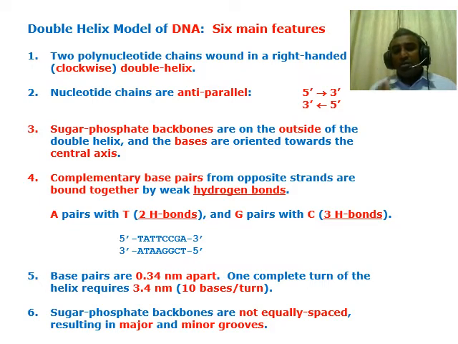The first and second base pairs are only 0.34 nm apart, while from number 1 until 10 will be 3.4 nm. So that encompasses 10 base pairs. Okay? I'll show you in a while to understand better.